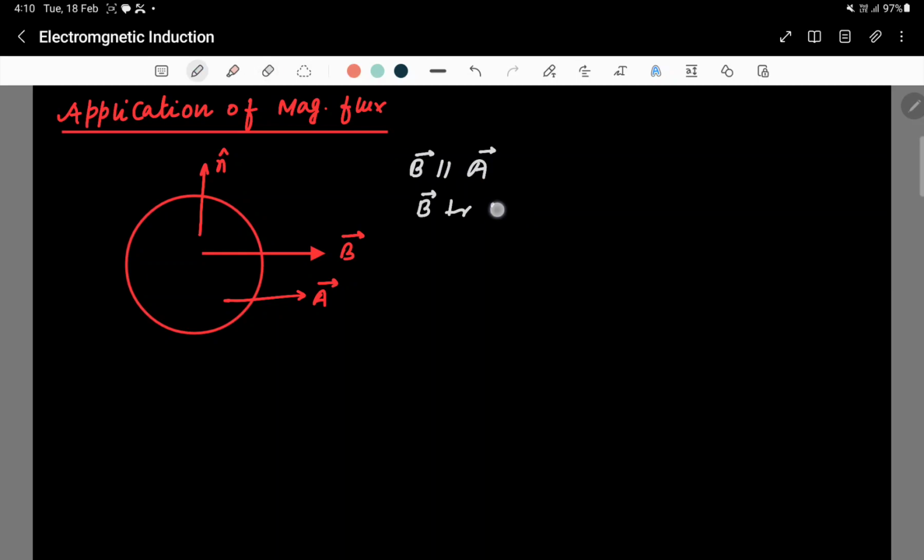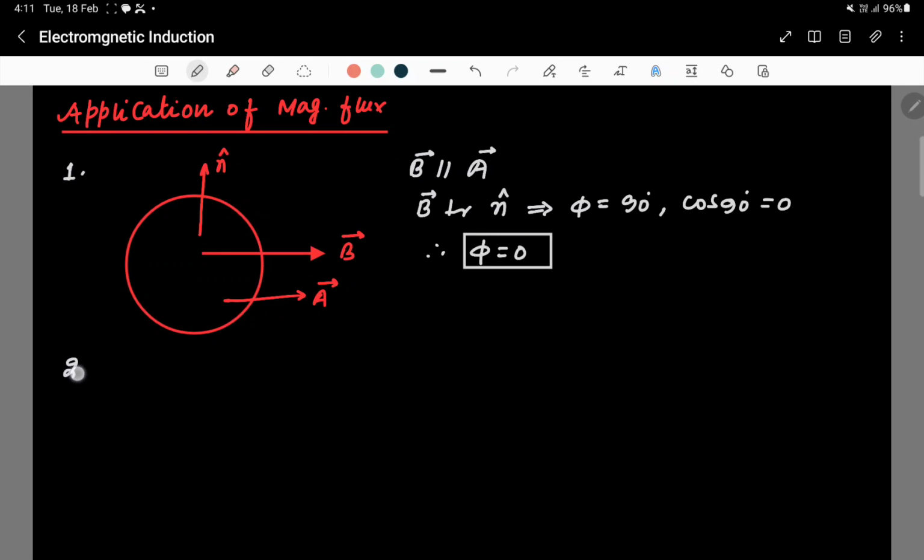If the B vector is perpendicular to unit vector, it means theta equal to 90 degree. If theta is 90 degree, cos 90 equal to 0. Therefore, flux equal to 0. Clear? Yes.